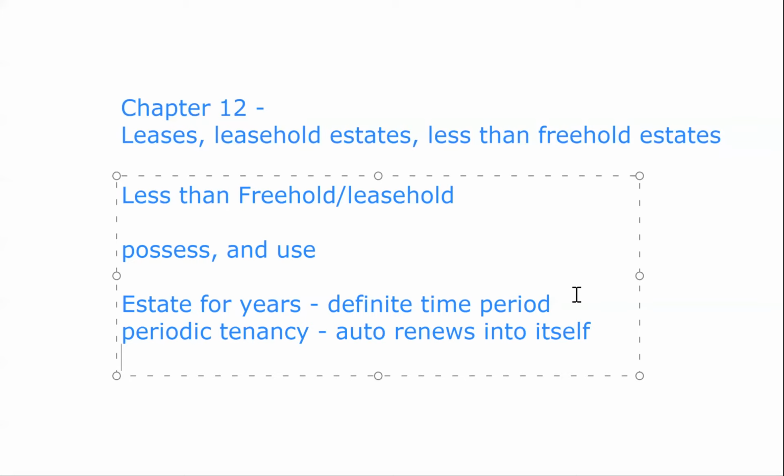It could be week to week. It could be year to year, as long as it auto renews for whatever period of time it is. If it auto renews for a month, that would be a situation where it would just renew for another month. It just goes from one period to another period to another period.